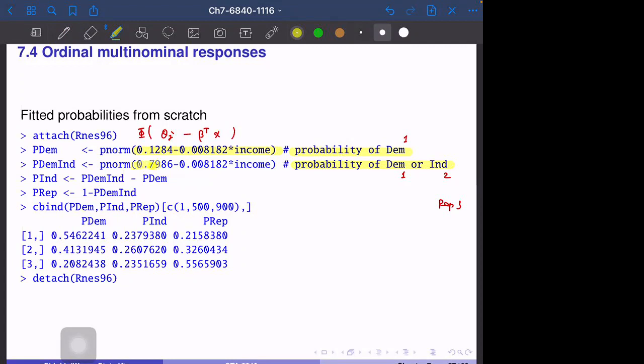Phi is the normal probability function, so you can just use the pnorm function, which was originally the inverse logit function in the proportional odds model. To calculate the probability of independent, we take the difference, p of them and indep minus p of them. And the probability of Republican is 1 minus the probability of Democratic or independent. Then we get the same answer as the previous page.